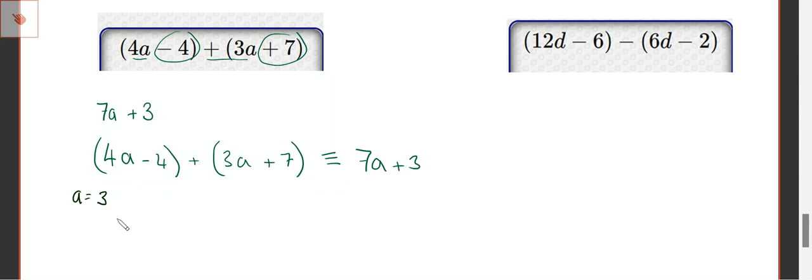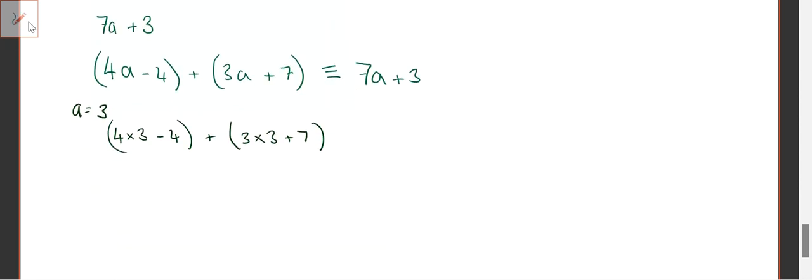Okay, and then we do 4 times 3 subtract 4, plus 3 times 3 plus 7. So I'm working down because obviously it should be the same as 7 times 3 plus 3. So let's work this side out.